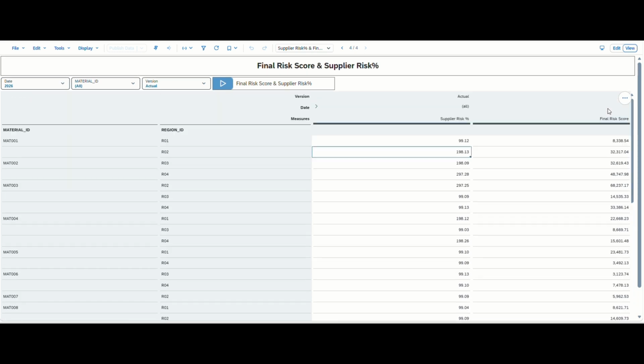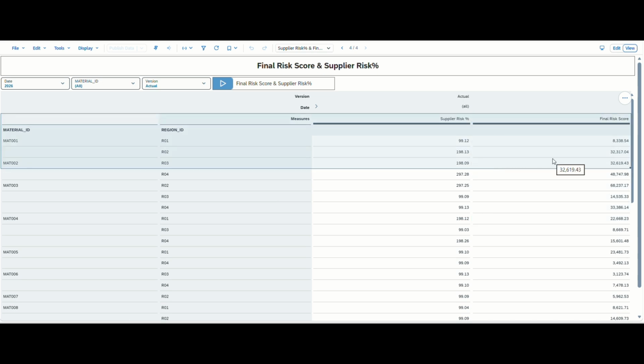Next, the final risk score combines supplier dependency, inventory imbalance, stock availability, and demand pressure indicators into a consolidated risk measurement. Together, these metrics help organizations identify high-risk suppliers, vulnerable materials, and regions facing elevated fulfillment risks.